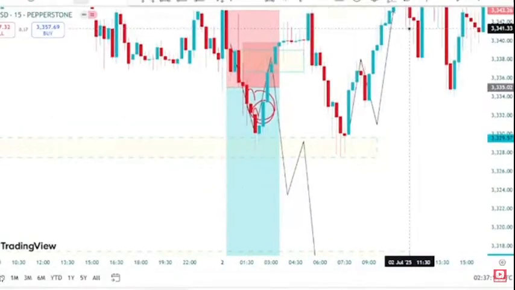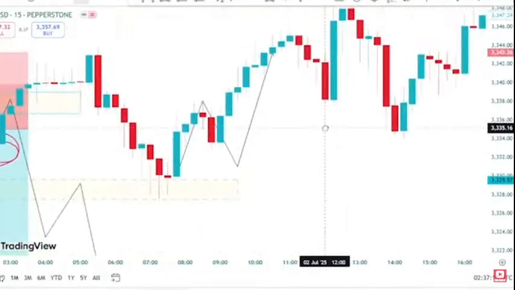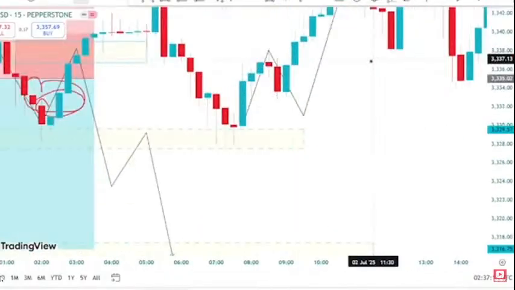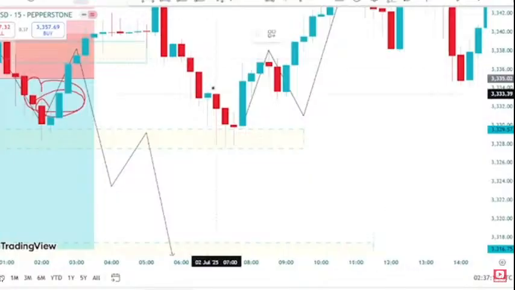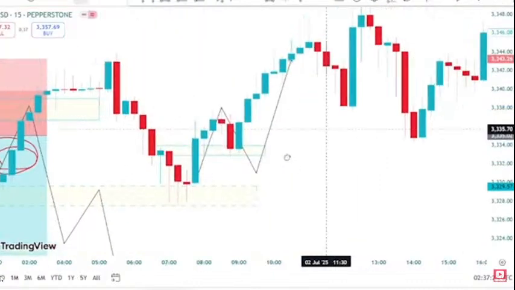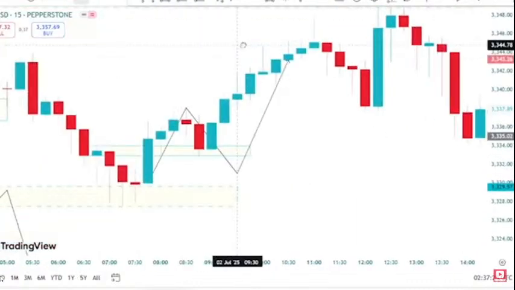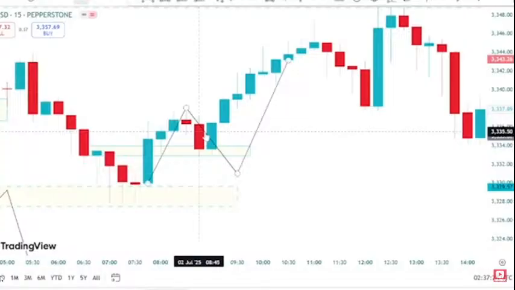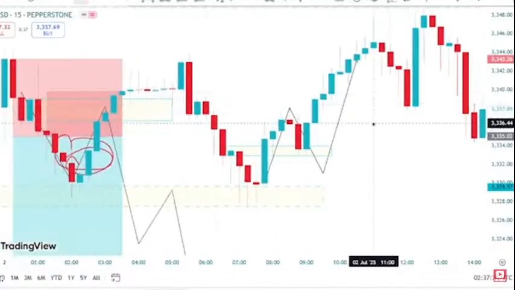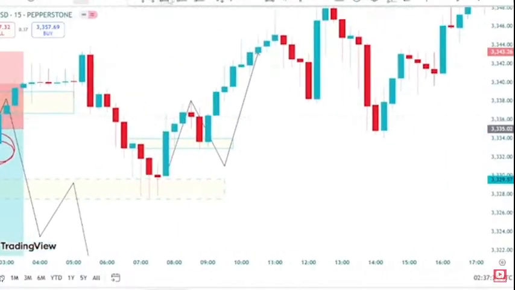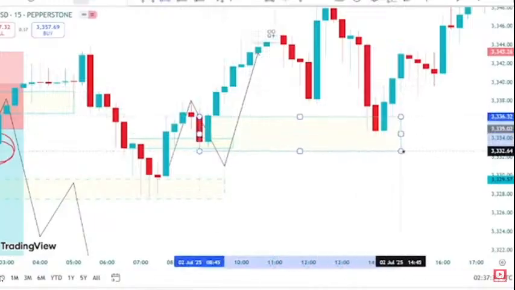So then what happened? The market moved and respected internal area, this one. That's where we got an entry from. We didn't enter from here, from the live chart. We are waiting from this kind of new creation of demand, this one.